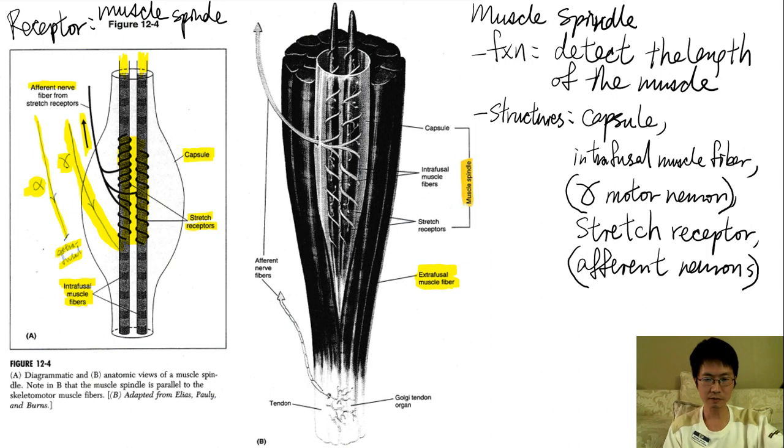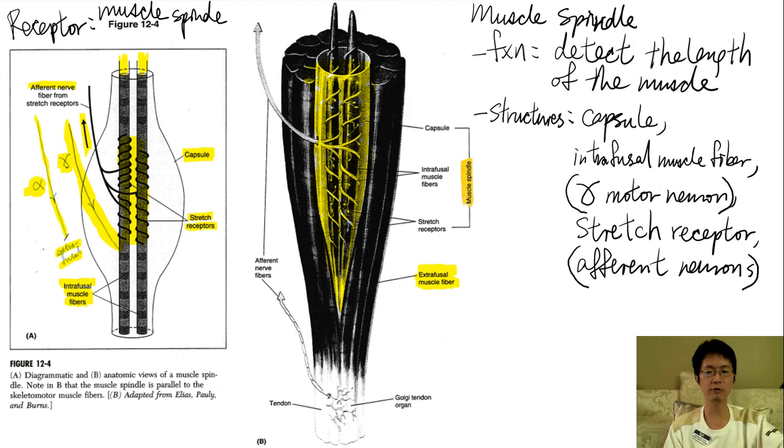And you can see that on the right-hand side of this picture, the muscle spindle is embedded in the extrafusal muscle fiber.